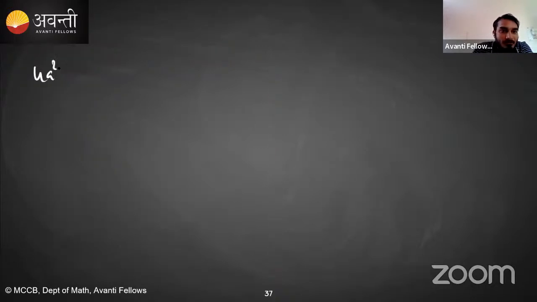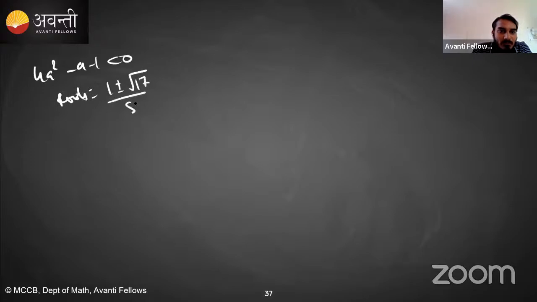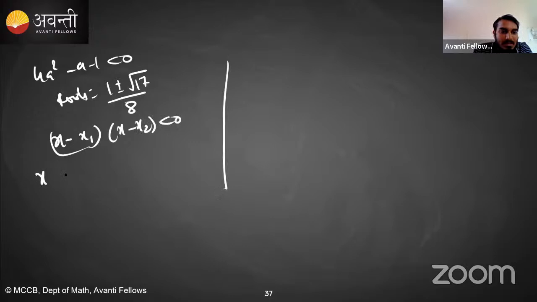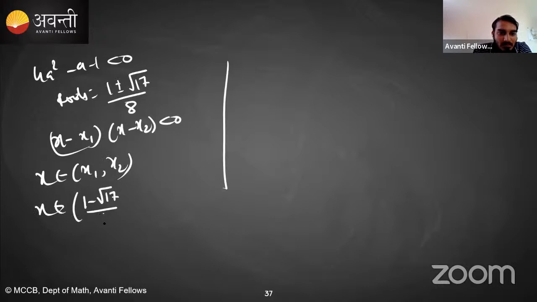Tell me, 4a square minus a minus 1 less than 0. इसके रूट्स निकालो पहले. रूट्स आर minus b plus minus root 17 by 2a. ये रूट्स है ना? तो इसका मतलब x minus first root, let's say, and x minus second root less than 0. तो x कहां से कहां तक आएगा? x1 से x2 तक. It means x belonging to 1 minus root 17 by 8 to 1 plus root 17 by 8. क्लियर?